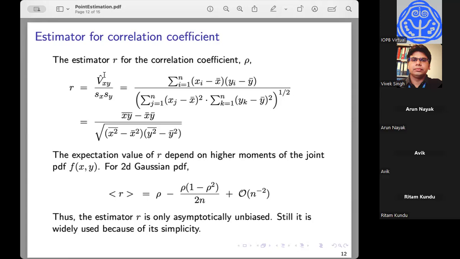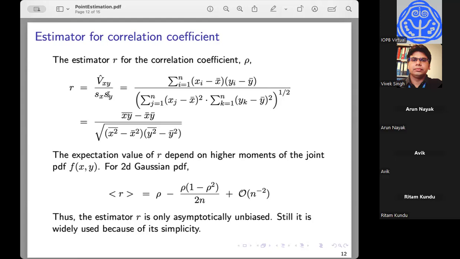We saw that S square is an unbiased estimator for sigma square, and Bxy hat is an unbiased estimator for Bxy, but here you can show that this R, which is the ratio of these two, is not an unbiased estimator; it is only asymptotically unbiased.